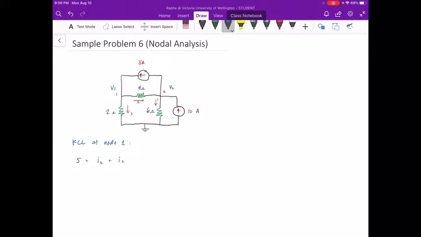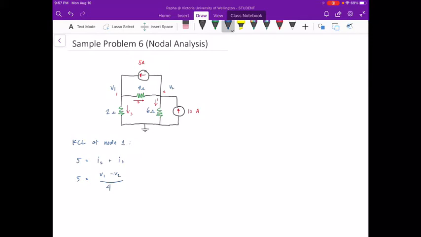What we have as our variables would be our node voltages. So 5 will remain as is. Then I2 will be expressed as V1 minus V2 over the value of resistance R, which is 4.